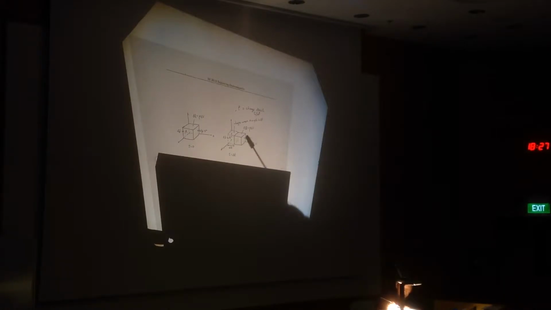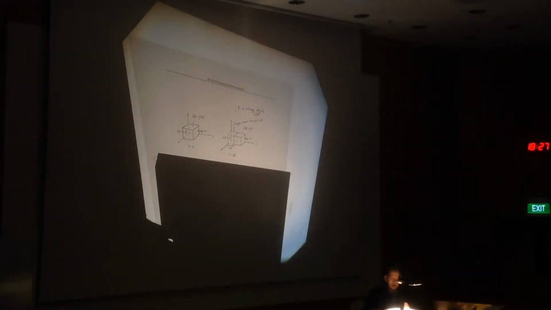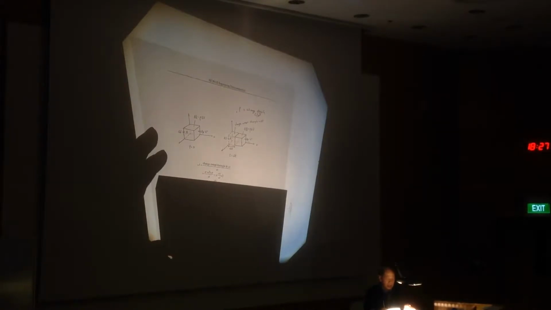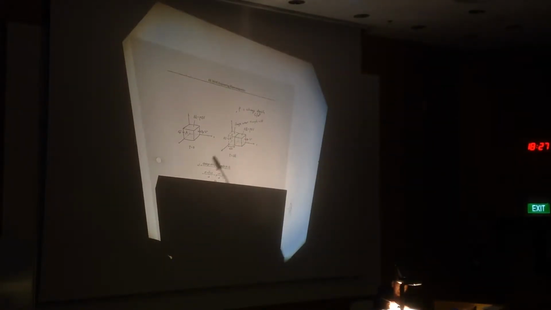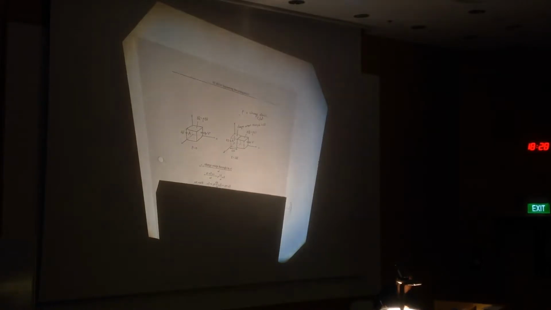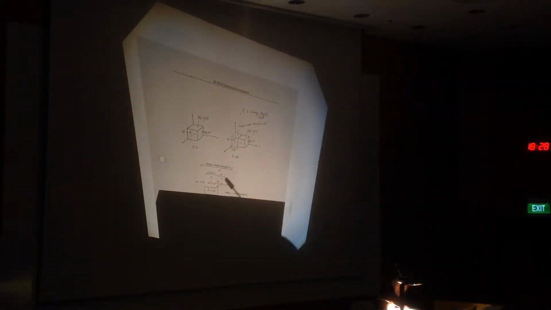So I can now calculate how much current has flowed during delta T. The delta I swept through in delta T will be equal to the charge density times the volume, which is delta S times delta X, divided by delta T. As delta T tends to 0, the amount of current is given by delta I equals rho V delta S.